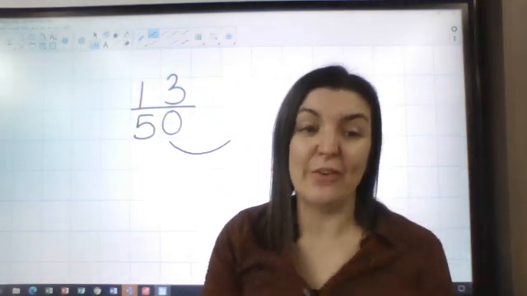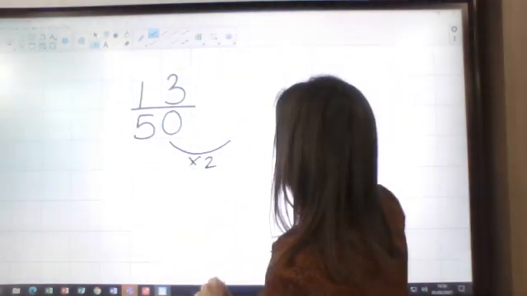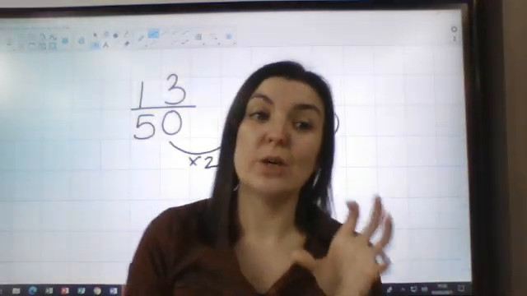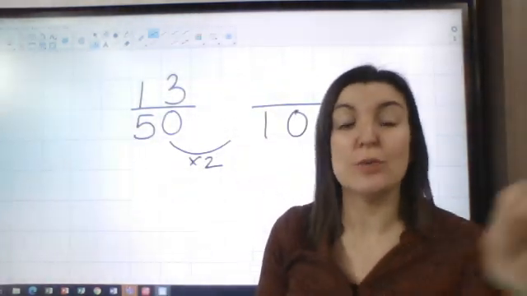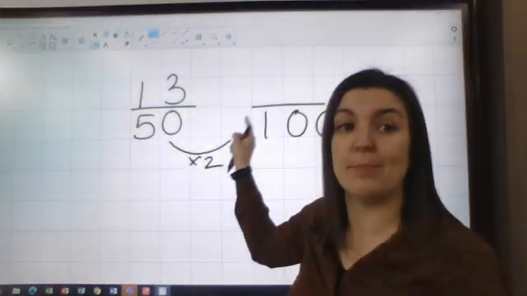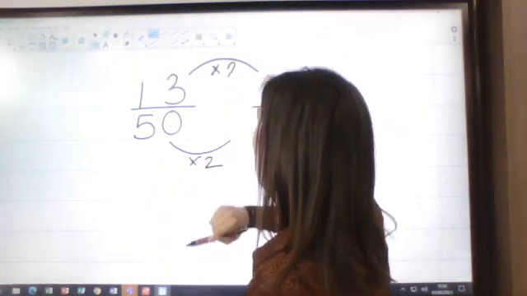I know that 50 multiplied by 2 is 100. Whatever we do to the denominator, we have to do the same to the numerator. Because we've multiplied the denominator by 2, we need to multiply the numerator by 2.